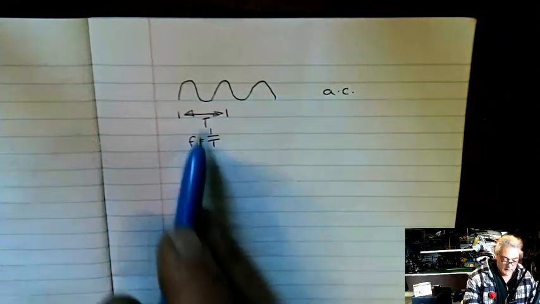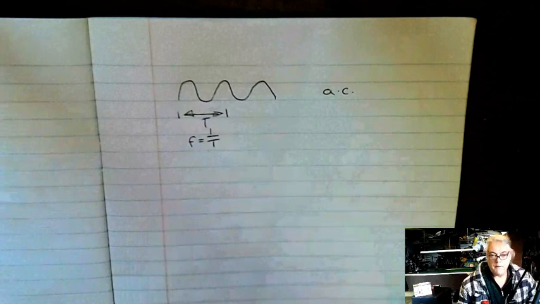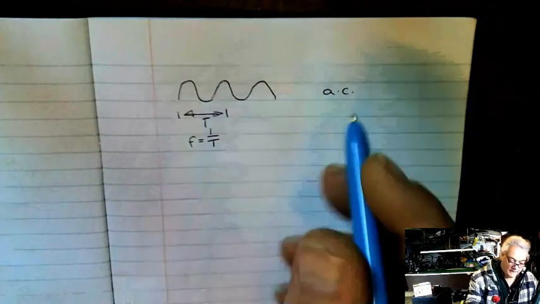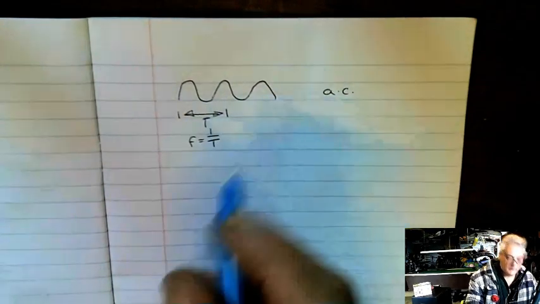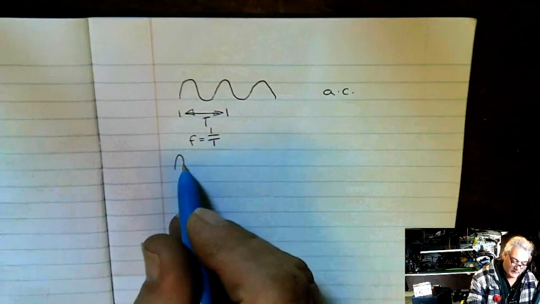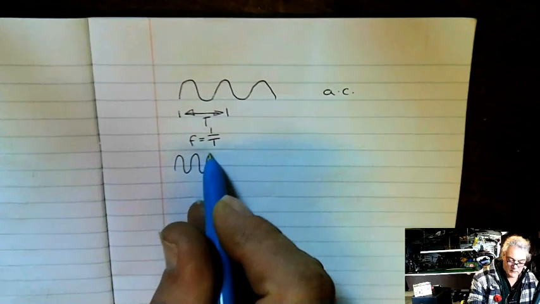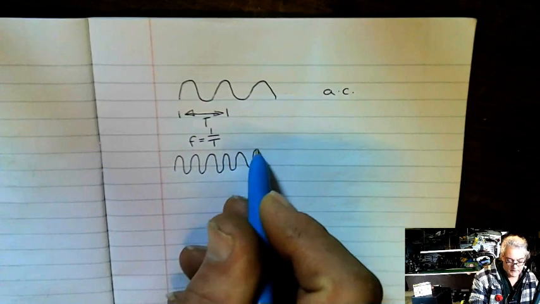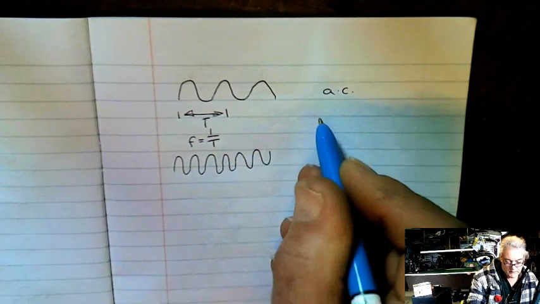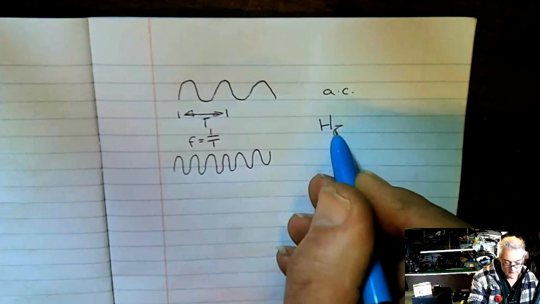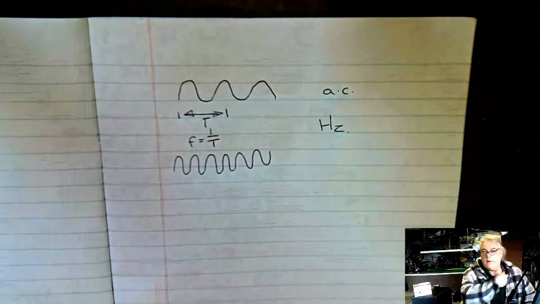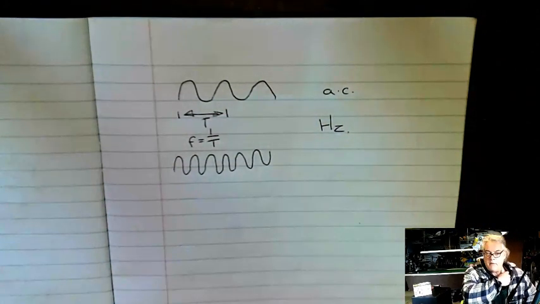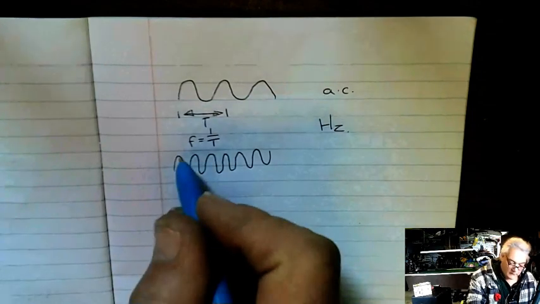What that means is that I can increase the frequency of the AC waveform. In other words, if we assume that's a relatively low frequency, we can make the frequency higher by having more cycles per second. And obviously that's measured in the magic hertz, from the German.